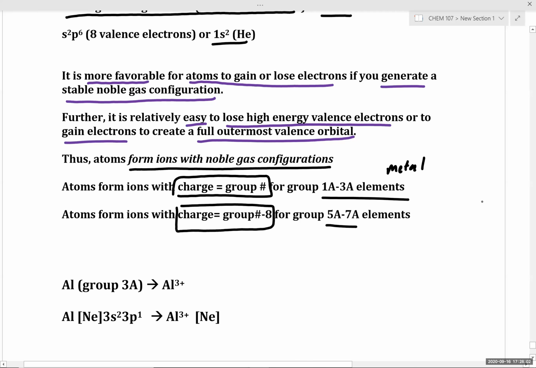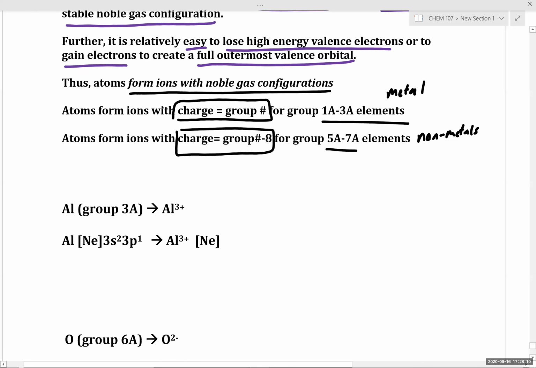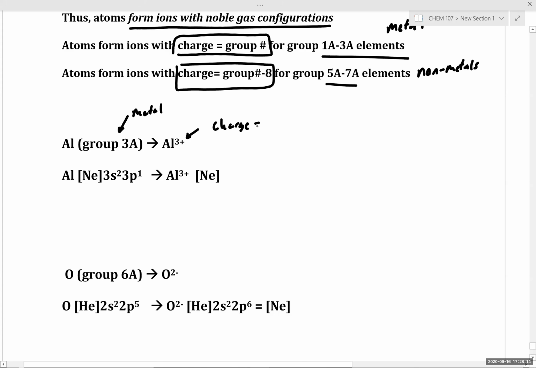So, if we look at aluminum, for example, aluminum is a group 3A element, and it's also a metal. So then its charge is equal to the group number, which is +3. To help you visualize why this is occurring, aluminum has a configuration of neon 3s2, 3p1.